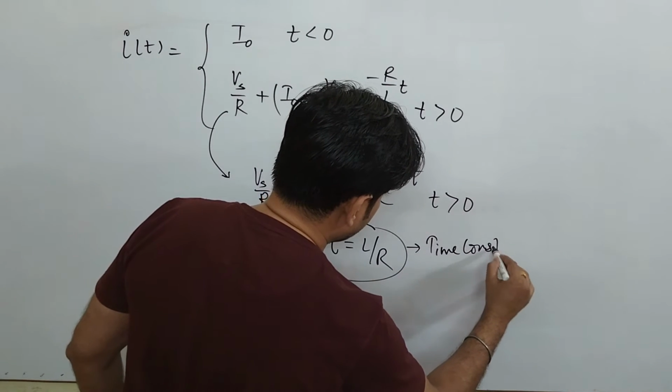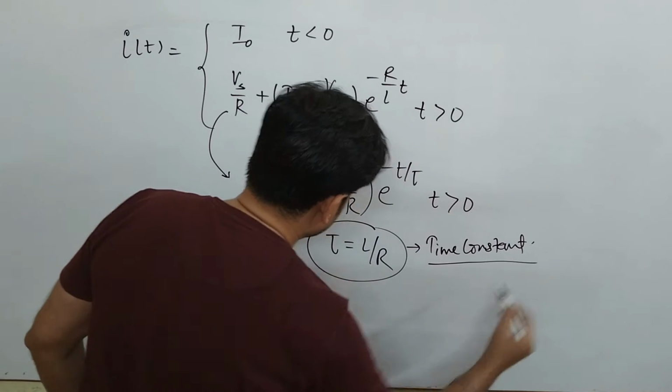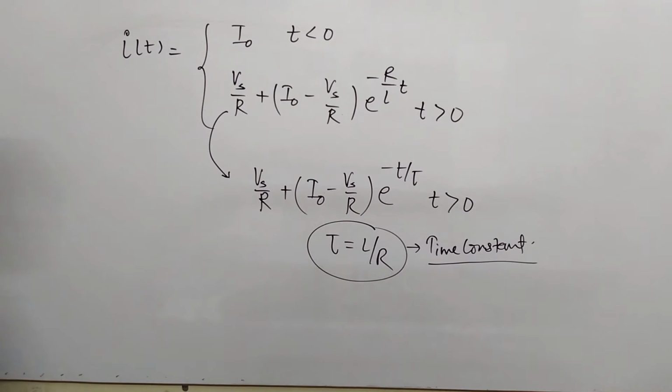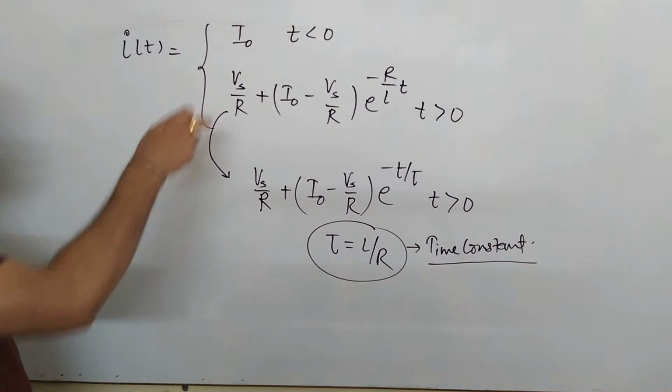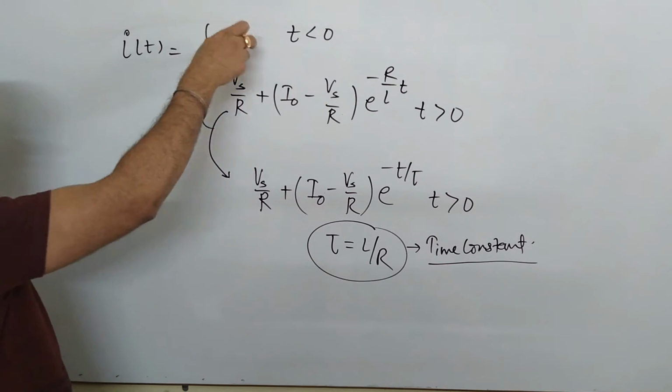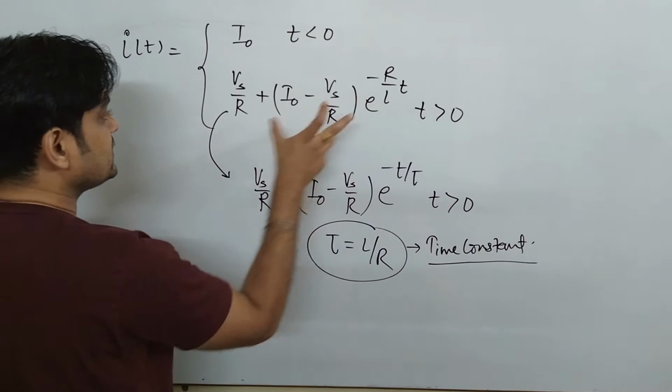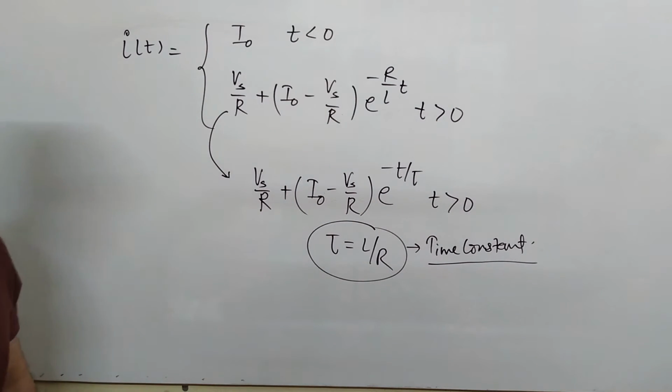Time constant we have already seen in the analysis of RL circuit, so this is your time constant. So yes, this is your final equation. Okay, so for t less than 0 we have seen the initial current was there in the inductor, but for t greater than 0 this is the solution.